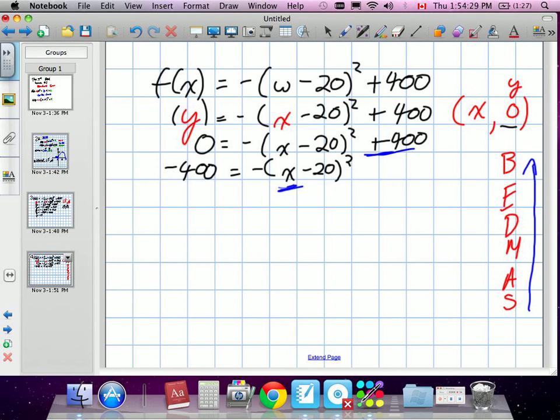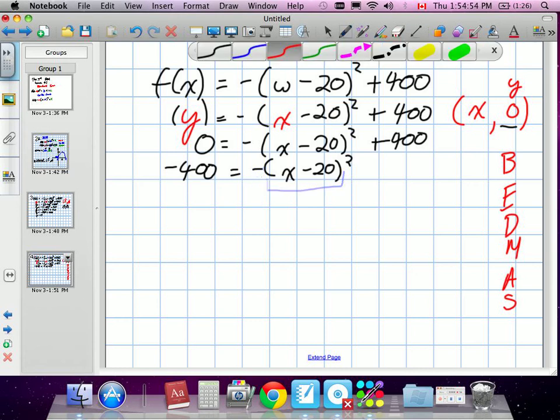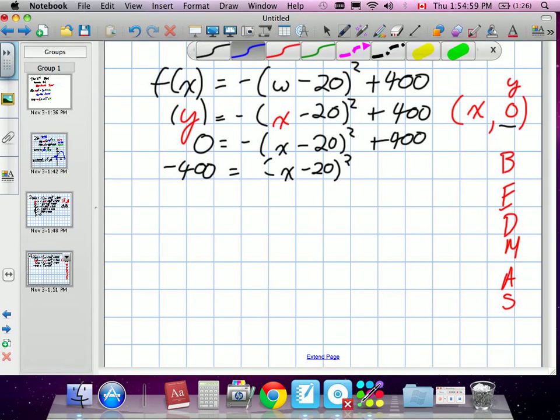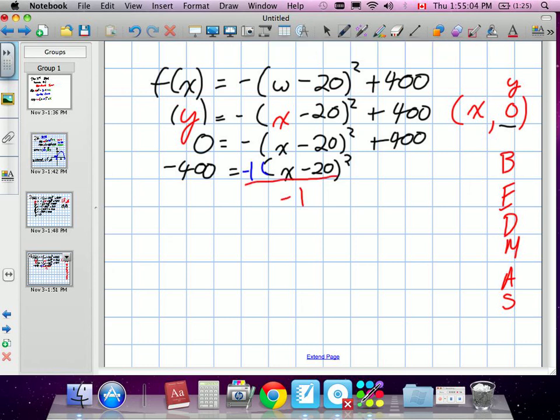The next thing I need to deal with, there's no other subtraction, so what's the next pairing? Division and multiplication. Do you see any multiplication in here? This negative 1 is multiplied by these brackets. I know the 1 isn't written in there, but we assume the number 1 is there. So because that's multiplied by negative 1, I'm going to need to divide both sides by negative 1 so that they cancel each other out.